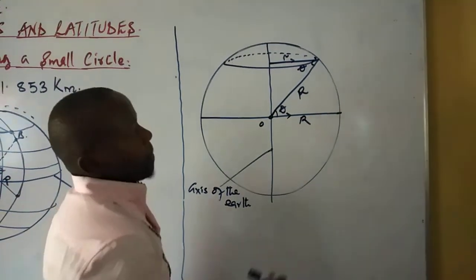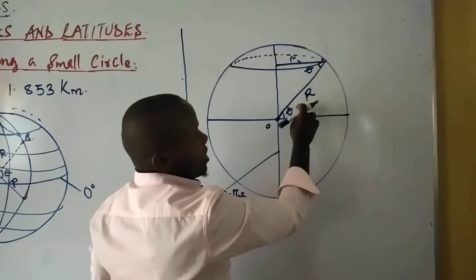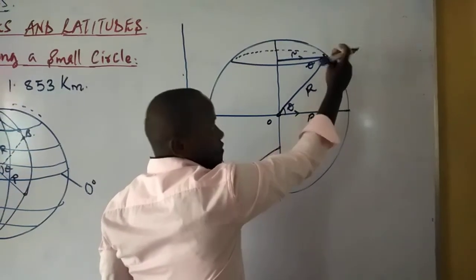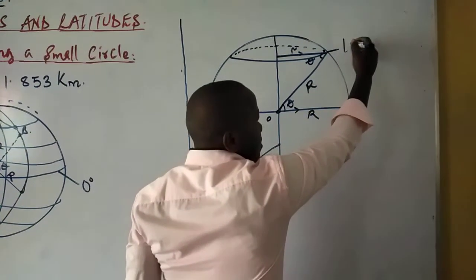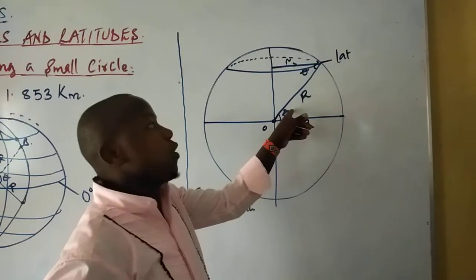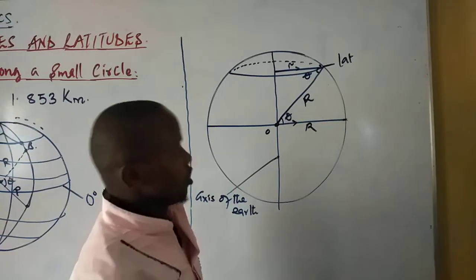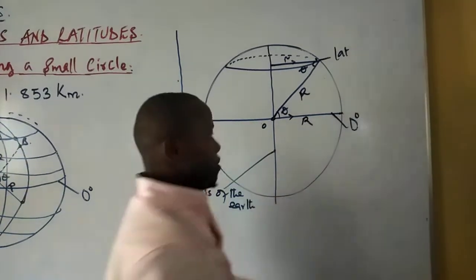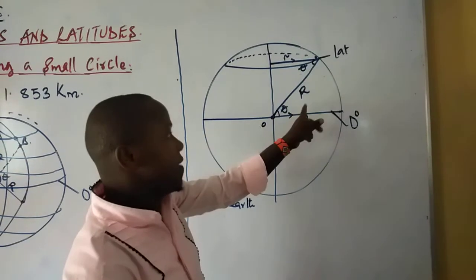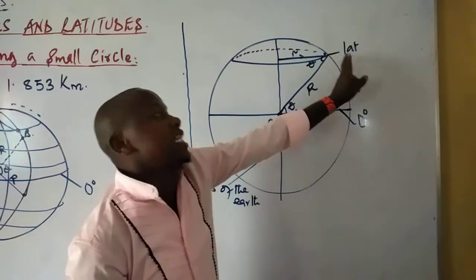Therefore, this angle, theta, is the latitude itself. Where that latitude is, is the size of this angle. If we say this is latitude 40, then from 0 degrees, because this is the equator, which is the center of the Earth, up to where a latitude is, the angle which has been cut through is the size of that latitude itself.